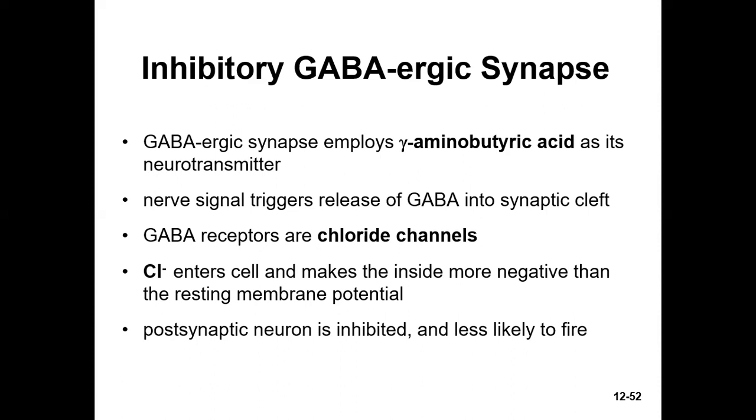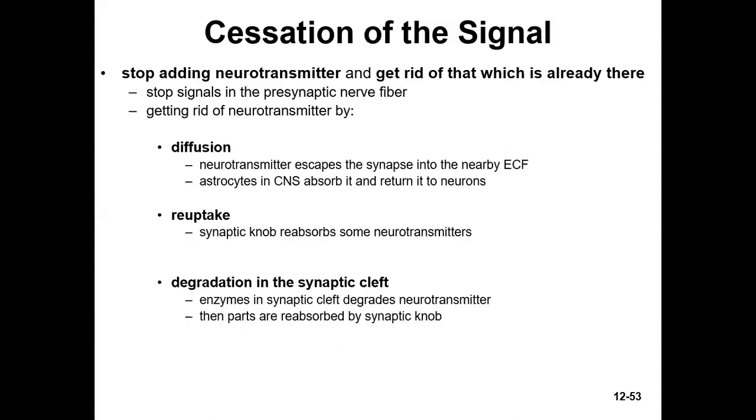So the chloride will enter the cell, making the inside more negative. Remember, we're starting at around a negative 70 millivolt charge difference, or resting membrane potential. So if we're bringing chloride into the cell, we're making that inner world already more negative by the presence of the chloride. If we do that, it's going to be harder to depolarize the cell. This is part of the reason it's inhibitory. That postsynaptic cell will then be less likely to fire.